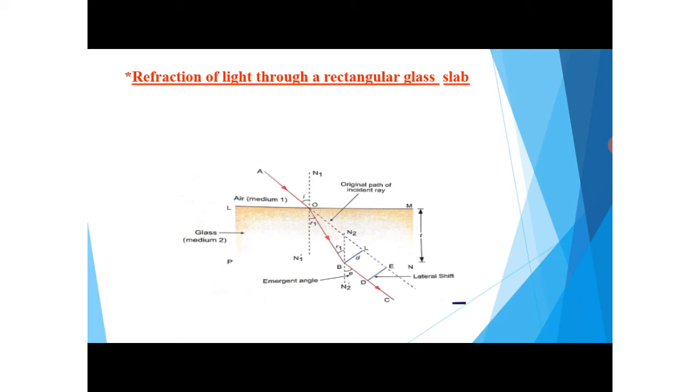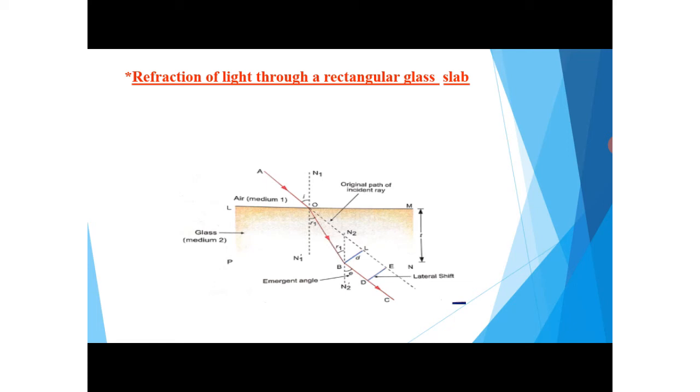So let us consider that point is B. Again we are considering at point B a normal, that is N2 and N2 dash. Okay, so after refraction through this point, the light ray emerges out in the form of the ray BC, and this ray BC is now bending away from the normal N2, N2 dash because air is rarer as compared to glass.